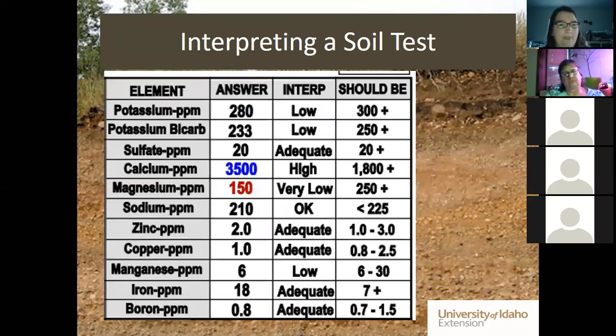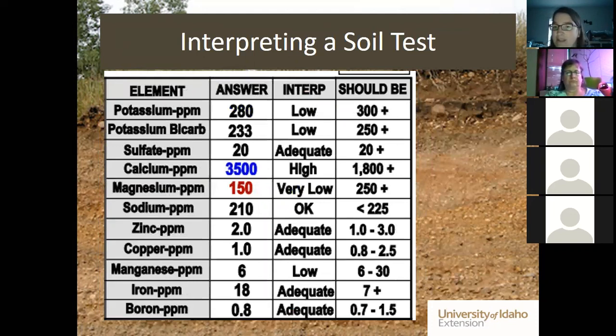Okay, so here we go. Potassium is 280 in this one, so they're saying it should be 300 plus. Potassium bicarb, so that's just a different type of test that they're doing that takes into effect the percentage of lime or bicarbonate that you have in your soil. We have sulfates at 20, which shows adequate.